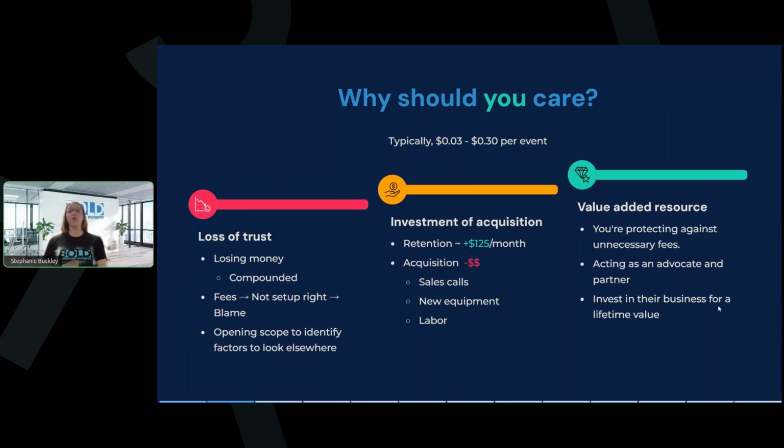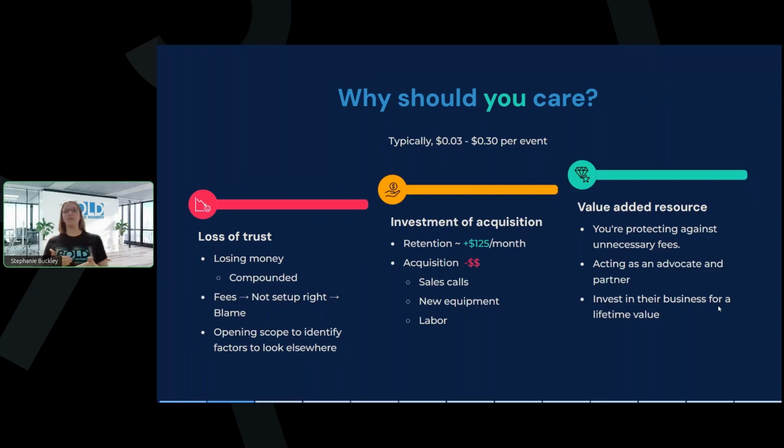There is a problem with their setup, or they're functioning in a way that is causing data to be transferred to the card brands in a not ideal way that is causing these fees to be incurred. And now you are the one who's having to take that responsibility.